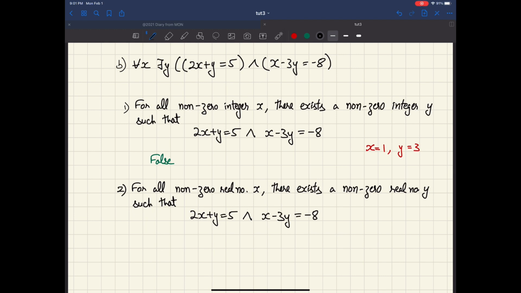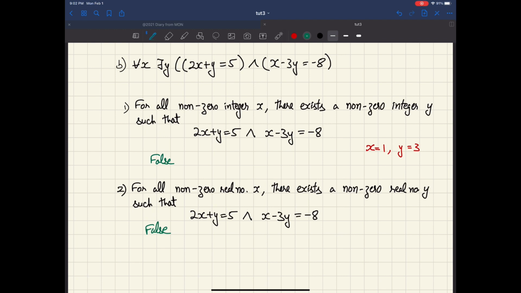If I pick any x other than x equals 1, it won't satisfy these two equations. It could satisfy one of them, but then we will not find a solution to the other. That's why this is false as well.